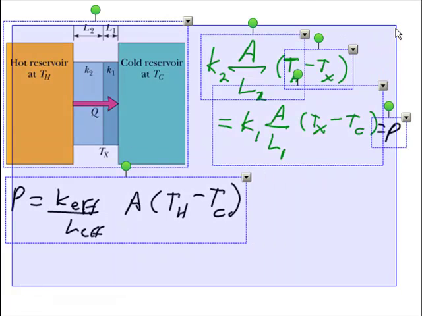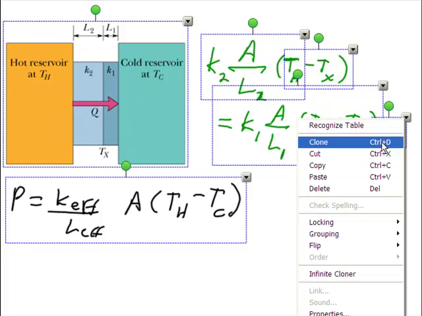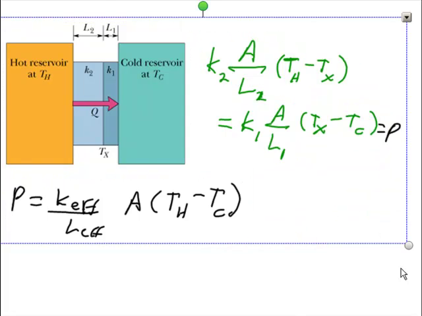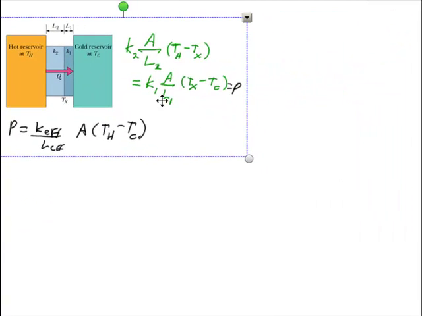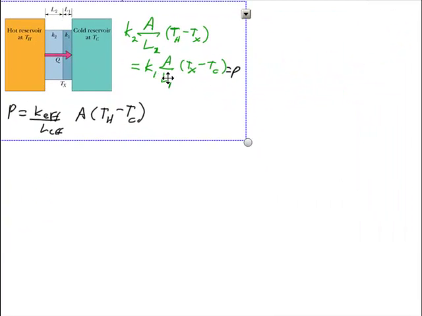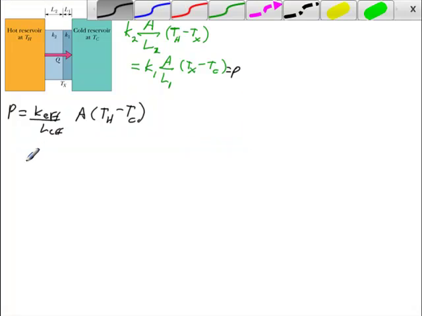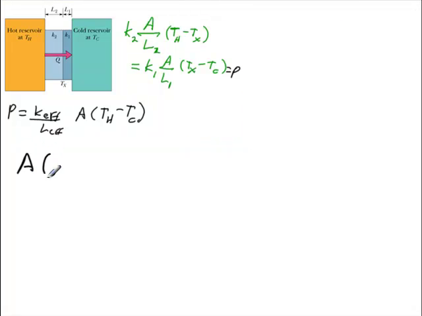So let's group all of this. What I find is that A times T hot minus Tx is equal to the power times L2 over K2.